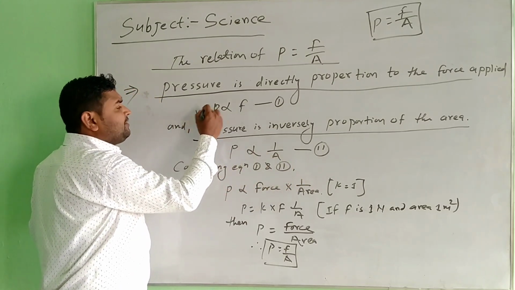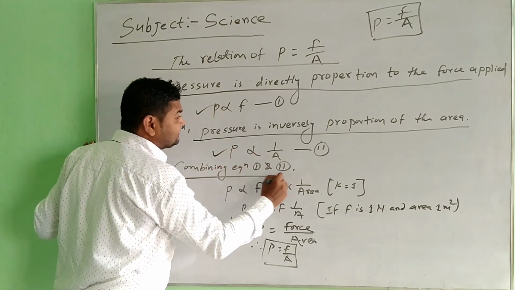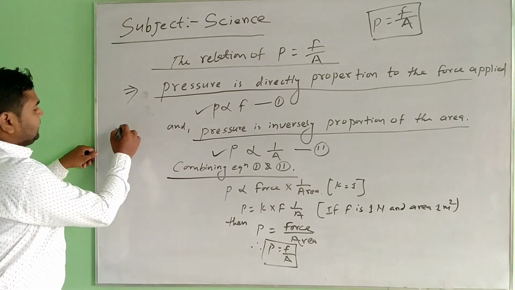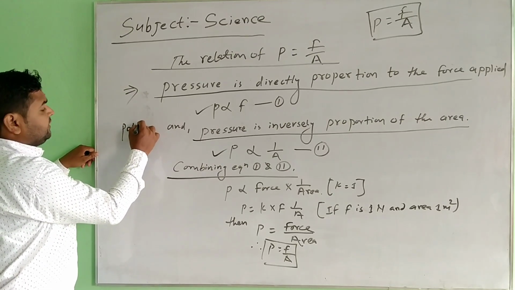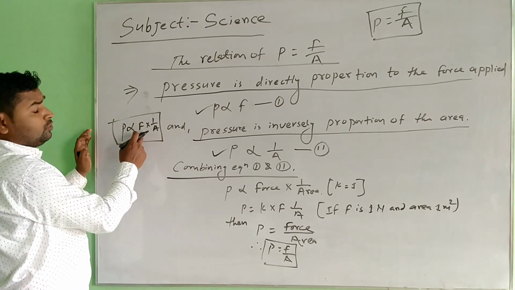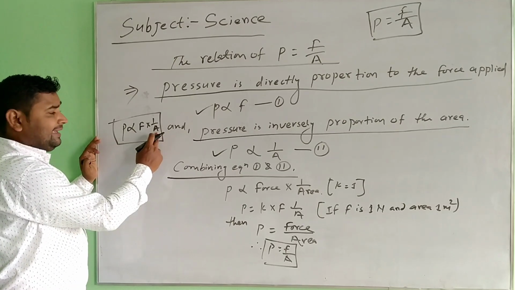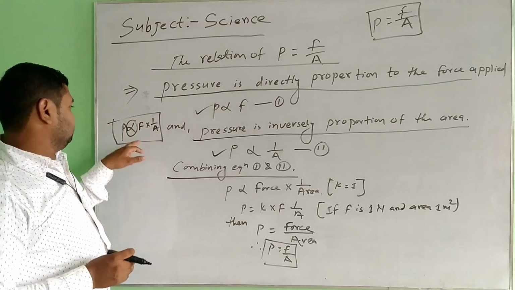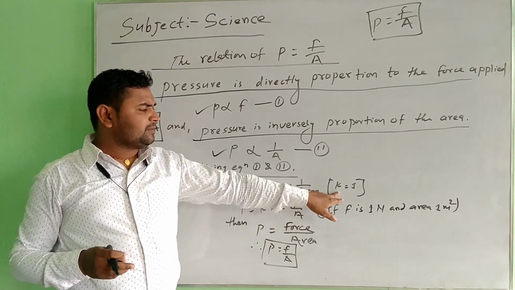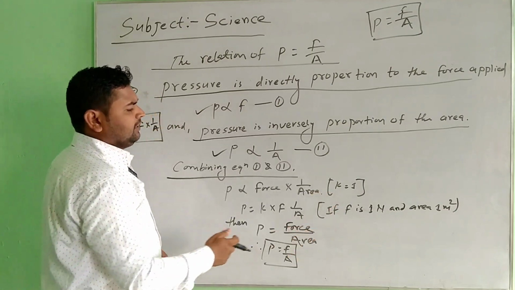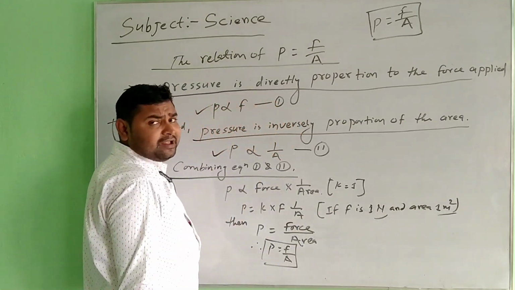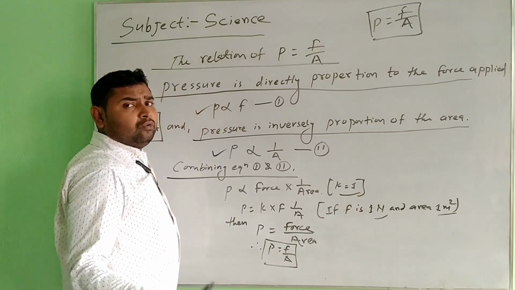Now we have to combine equation number 1 and equation number 2. We get that P is proportional to force into 1 by area, that is P is proportional to F into 1 by A. To remove the proportionality, we have to keep a constant whose value is K. If F is equal to 1 Newton and A is equal to 1 square meter, then K is also 1.